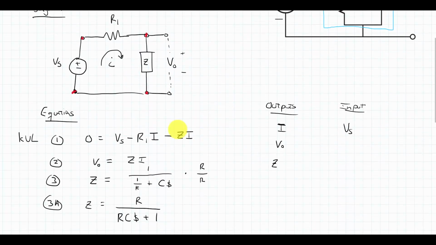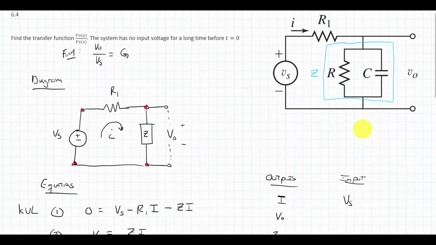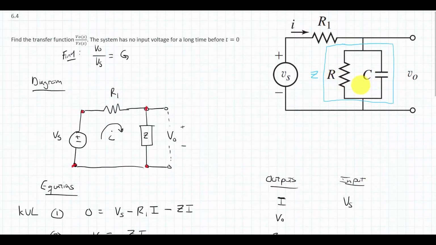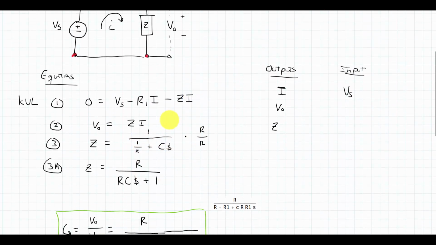So I chose to solve this one using 1 KVL equation, and then the voltage drop across the impedance block, which was ultimately the voltage that we want to find, that Vout. And I had to add a third equation that defined what that impedance Z was. In this case, again, I have two elements in parallel with each other, so the impedance is their harmonic average, which is, in this case, 1 over the sum of their reciprocals.